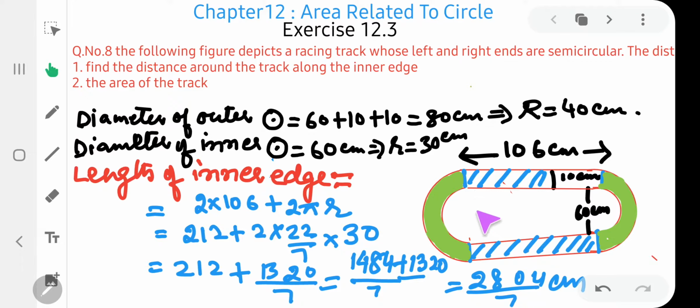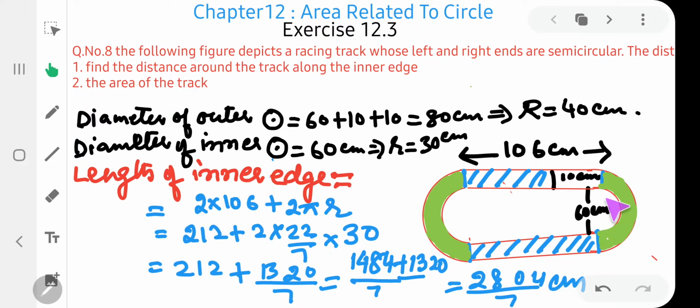So, if you want to find out the length of the inner track, that means children, you will move along this straight line, then move along a circular arc here, and then you will move in a straight line. Again a circular end is there.